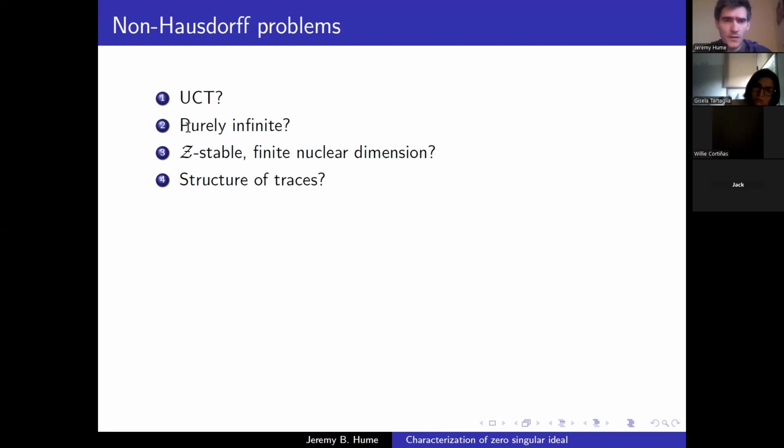It also hasn't really been studied what conditions on the groupoid would give you a purely infinite groupoid C-star algebra, as well as Z-stability and things like finite nuclear dimension and structure of traces. So there's lots still unknown about non-Hausdorff étale groupoids.